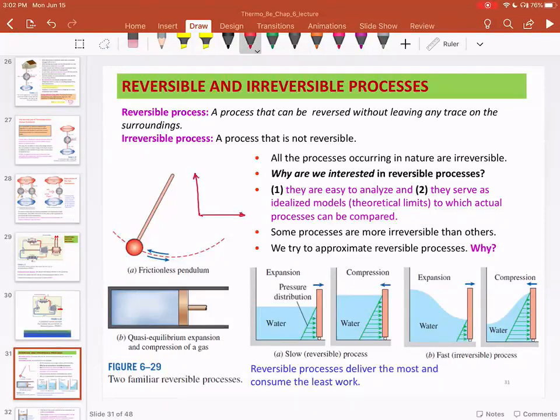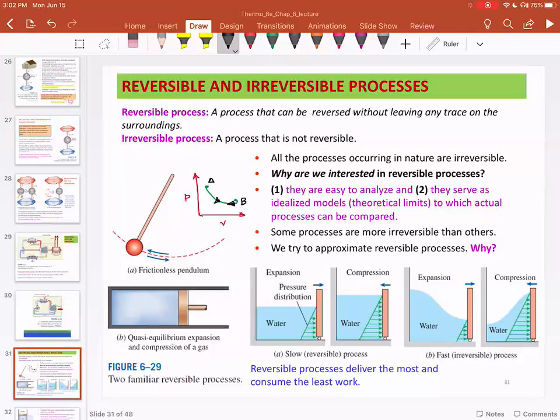So you have, say, P and V, and you are going from point A to point B, something like this. Now what's going to happen is you go from point A to point B in this direction, and then you go from point B to point A in the opposite direction.